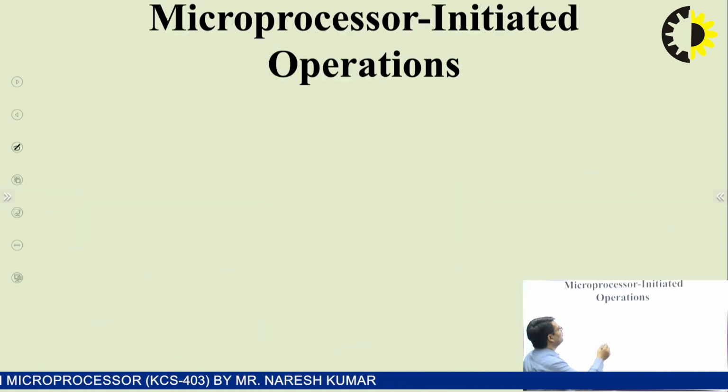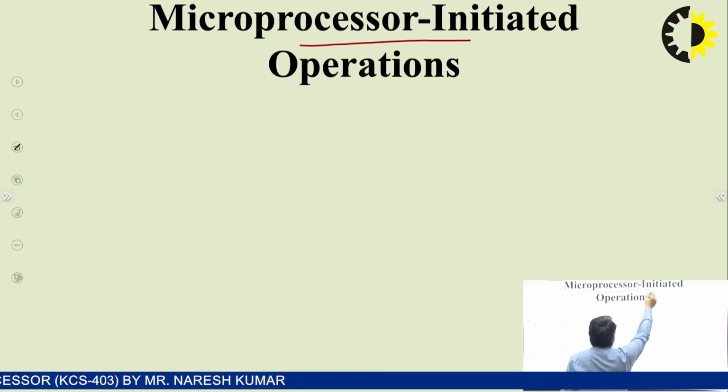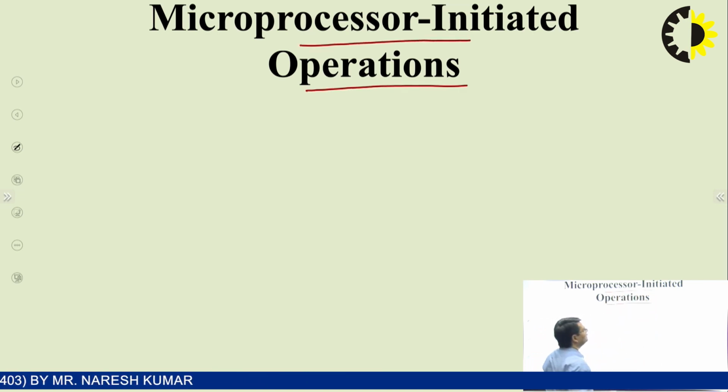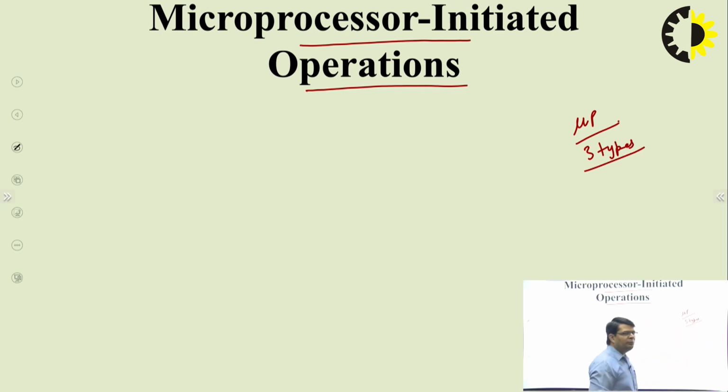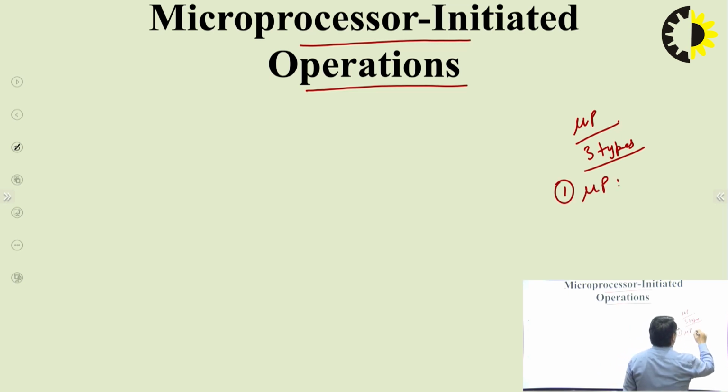Next, what are the main operations performed by these architectural components? Operations performed by the basic microprocessor components can be categorized into three parts. First category is microprocessor initiated operations.